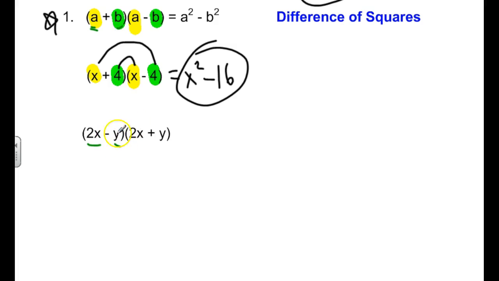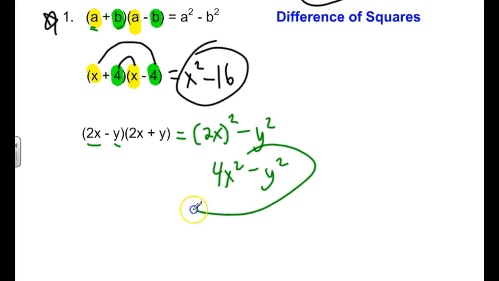Notice it's not negative y, it's just y. One of those is plus, one of those is minus. So A squared would be 2x squared, the quantity, minus B squared, which is y squared. This would be 4x squared minus y squared. You got it.